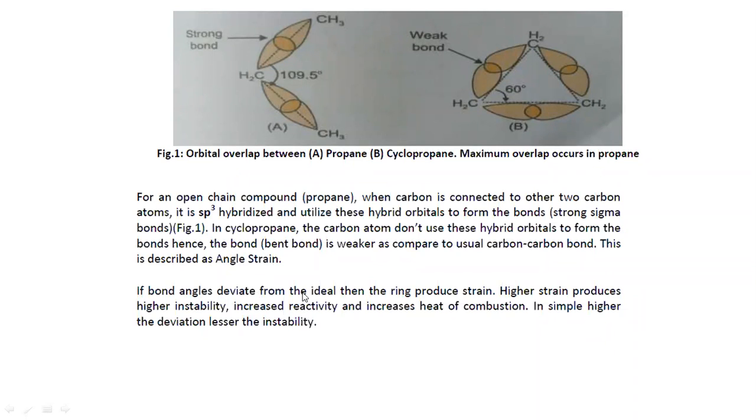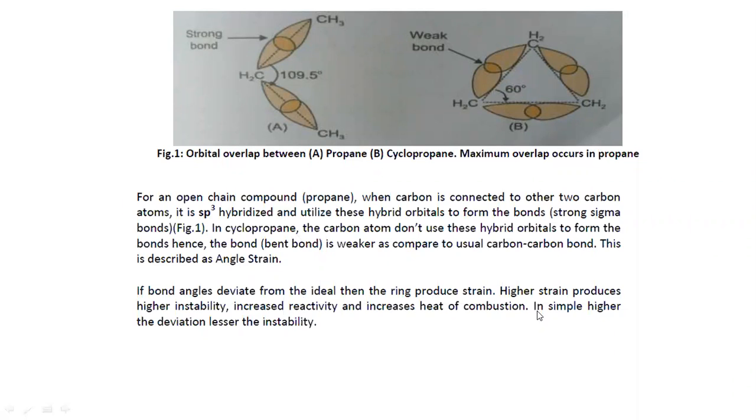If the bond angle deviates from the ideal, then the ring produces strain. Pressure comes on that carbon atom. Strain, tension comes on that carbon atom. It is known as ring strain or it is also known as angle strain. Higher strain produces higher instability. Higher will be the strain, higher will be the instability. Increased reactivity. See the relation between these terminologies.